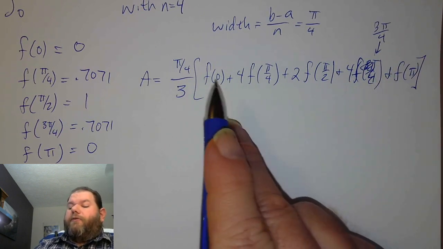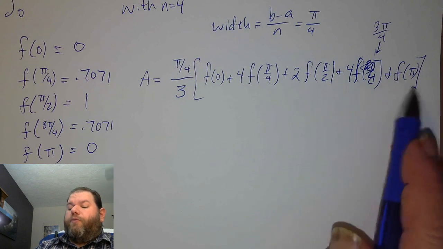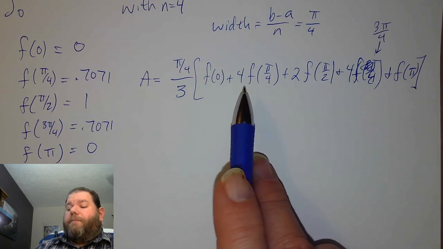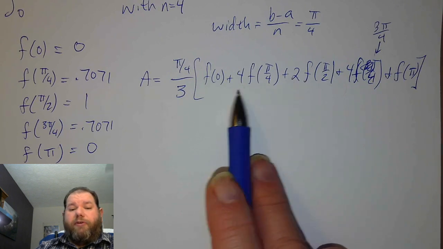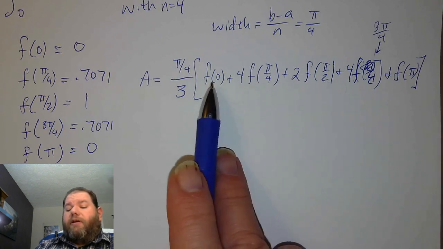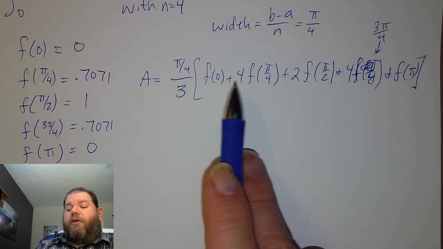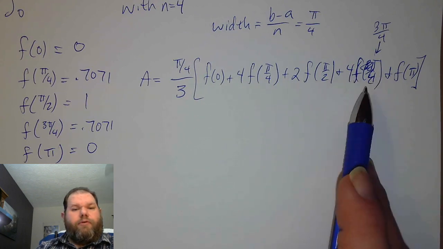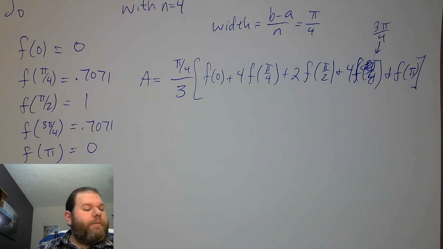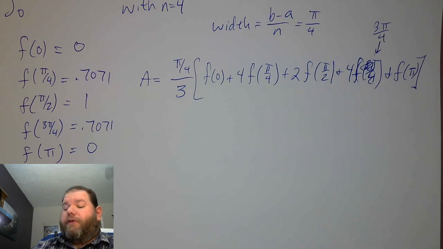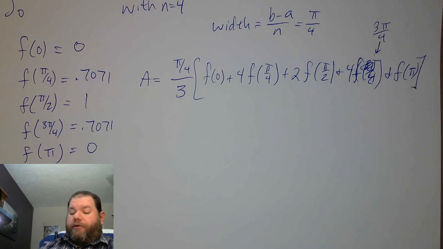So again, the pattern is 1, 4, 2, 4, 1. And again, we have this alternating pattern starting with 4 and ending with 4, and then alternating with 2's in between. So if we had 6 terms, it would be 1, 4, 2, 4, 2, 4, 1. And so now we go through and we do our calculation. On the outside, pi over 4 divided by 3 is pi divided by 12.